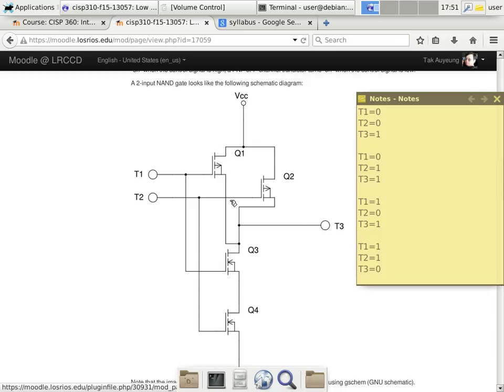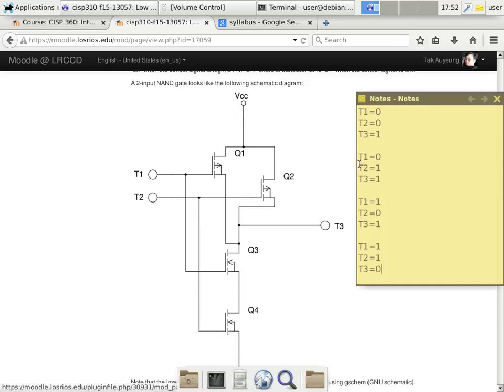If I give you T1 and T2 as Boolean variables, and I want to use T3 to store the result of an expression, can you come up with an expression that can do exactly this?